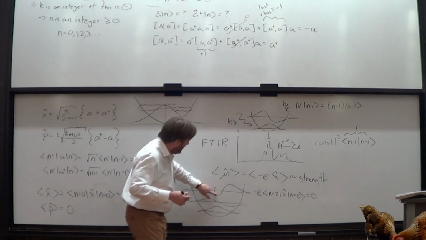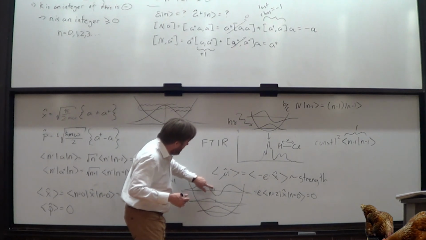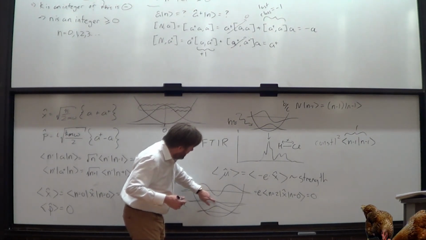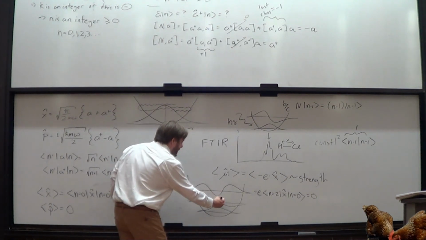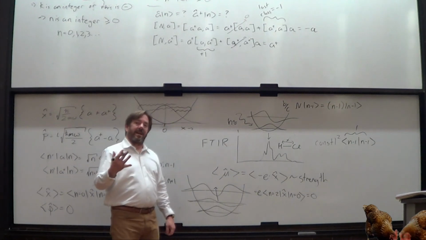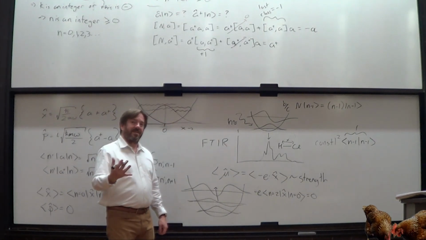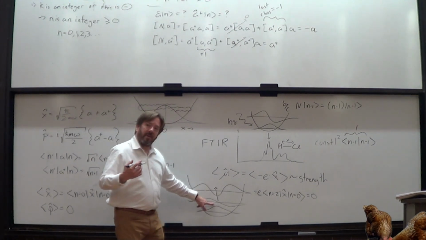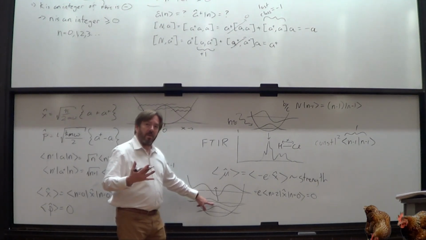Okay, now let's say that you use a laser to prepare, you call this pump, you pump something into the first excited state. Could you go from the first excited state to the second excited state? Yes, you could. What you could do is you hit it with an infrared laser to go from ground to first, and then you could do an infrared spectrum of what is left over.